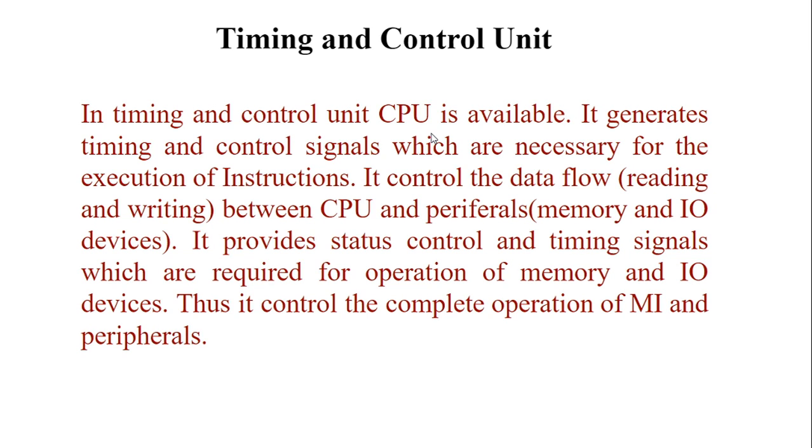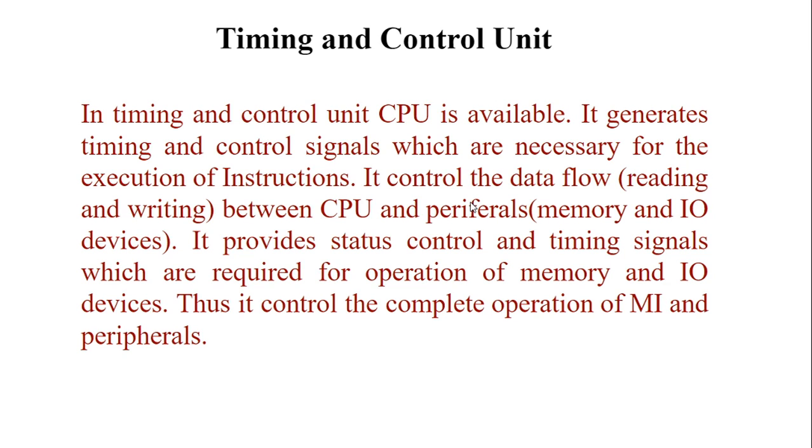It also controls the data flow. The data flow is nothing but the reading and writing operation between the CPU and peripherals. Peripherals are the external devices, that is, the memory and I/O devices. So the data flow between the CPU and peripherals is also controlled by the timing and control unit.